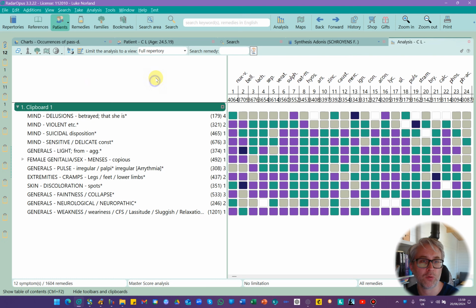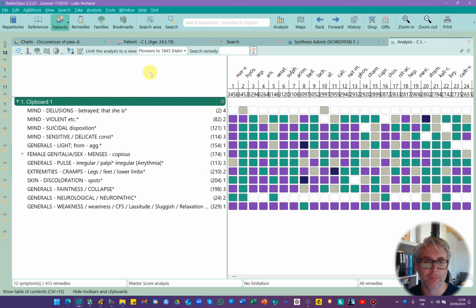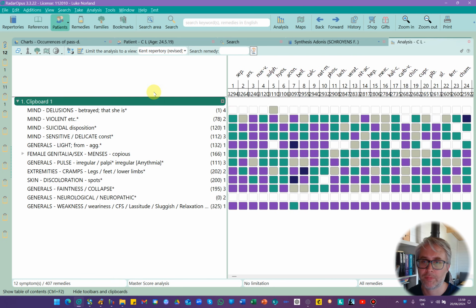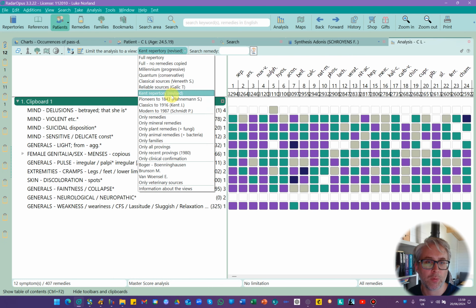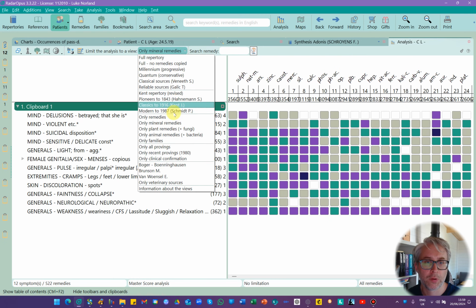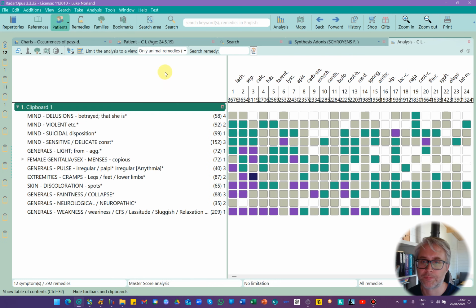The other thing that you can do is to utilize the views of synthesis alongside the master score, and that allows you to be a bit more creative and think outside the box with it. So we can make it even more traditional by going back to the Hahnemannian era. We could go to Kent's repertory. We see sepia coming first now. If we were using a kingdom approach, we could limit to minerals or plants or animals.